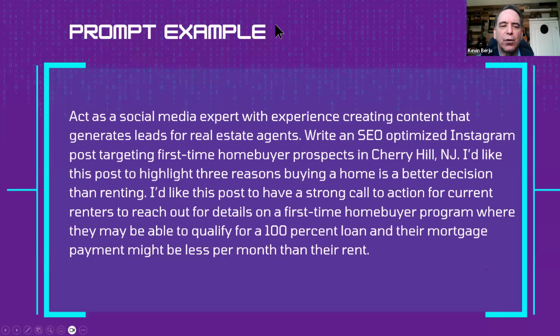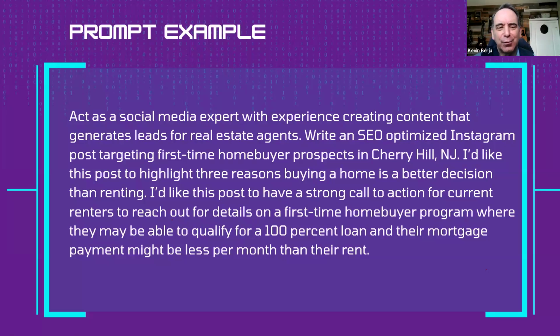Act as a social media expert with experience creating content that generates leads for real estate agents. Who doesn't want that right now? Write an SEO optimized, search engine optimization, Instagram post targeting first-time buyer prospects in Cherry Hill, New Jersey.